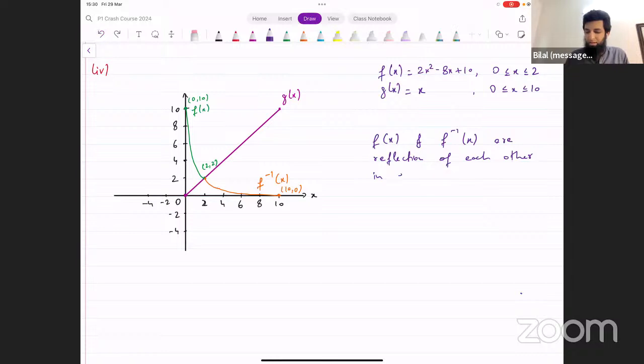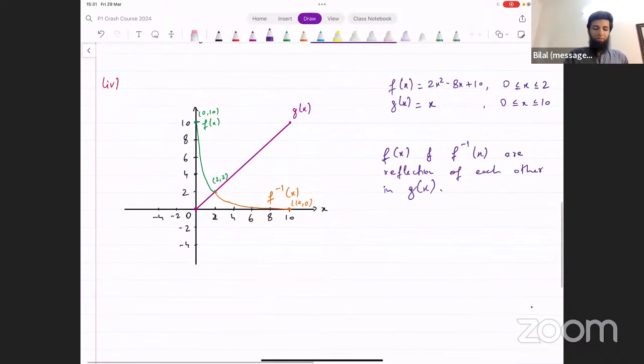Or you can say g of x is the line of reflection of f of x and f inverse of x. That could be another way of writing that. Okay, that's the relationship between these 3 graphs. So that's the 4th part of this question.